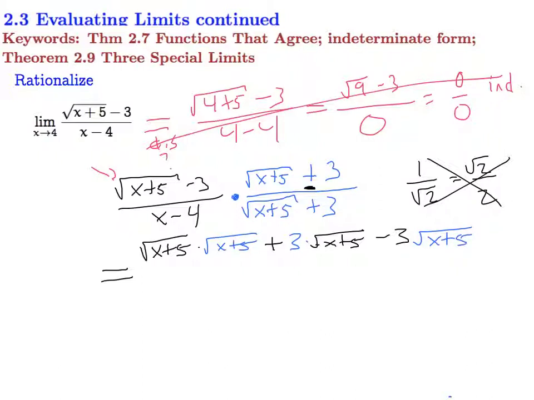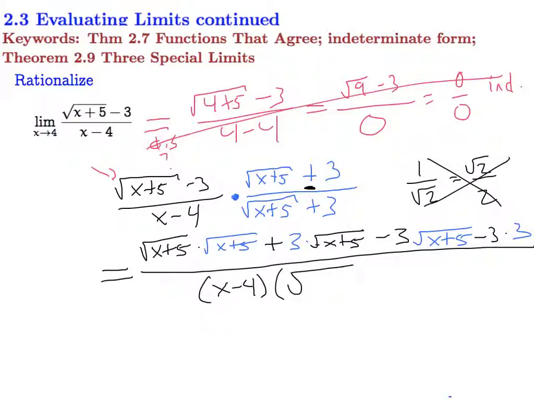And finally, minus 3 times 3 all over the denominator. Never ever multiply out the other part. It's just going to give you a lot of headaches if you do. So just leave those there. And now we can see what happens after we simplify this down a bit.